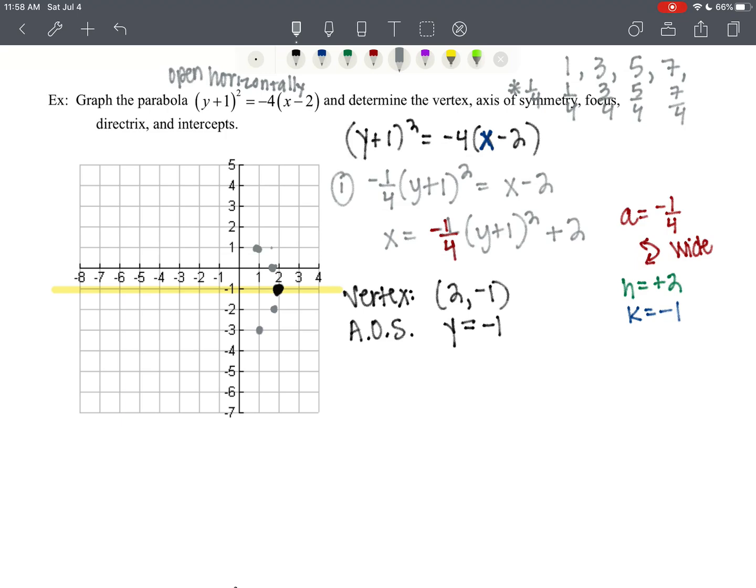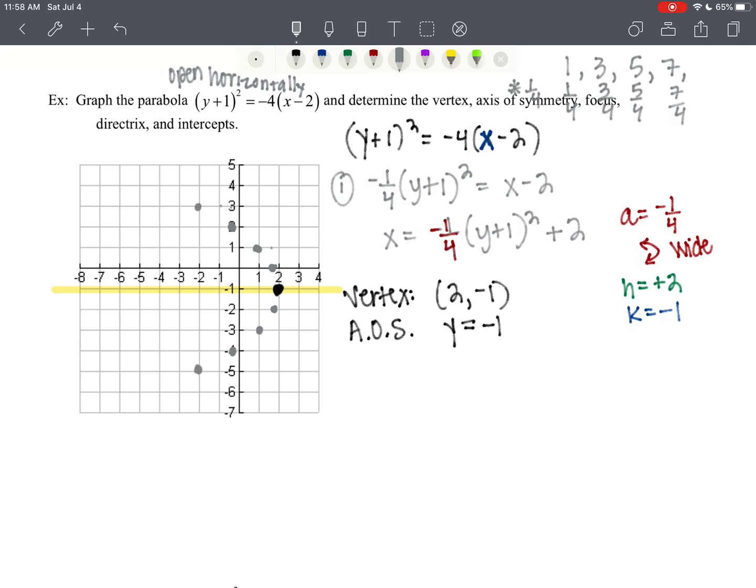So let's see what we can do. Up 1, and now we're going to go right or left 5/4. So 5/4 is 1 1/4. Up 1, 1 1/4. Down 1, 1 1/4. Then I'm going to go up 1 again, and this time I'm going to go 7/4. So that's 1 3/4.